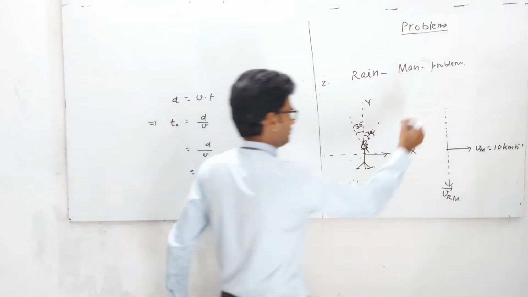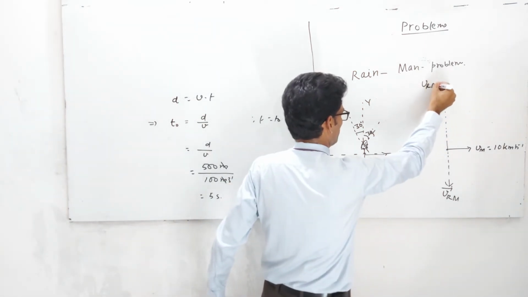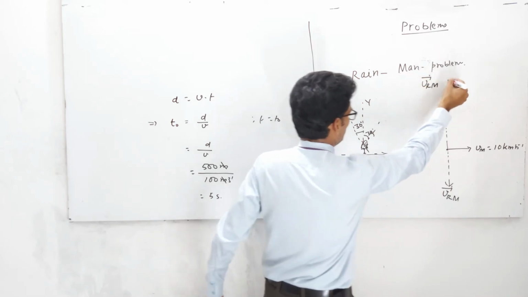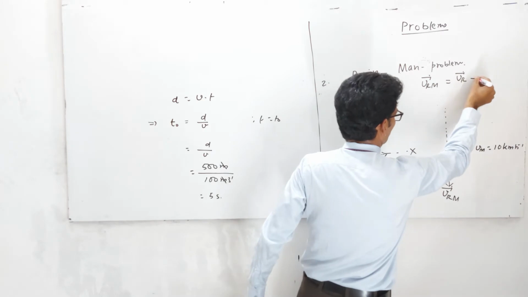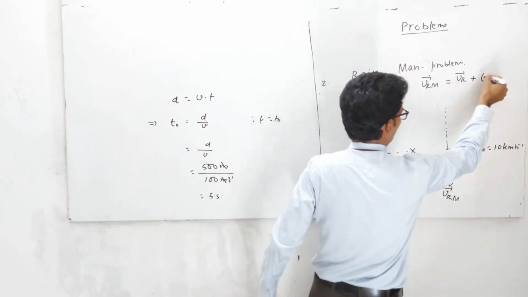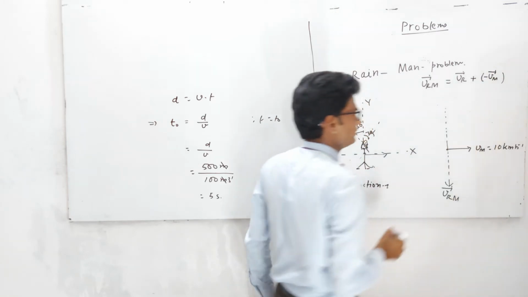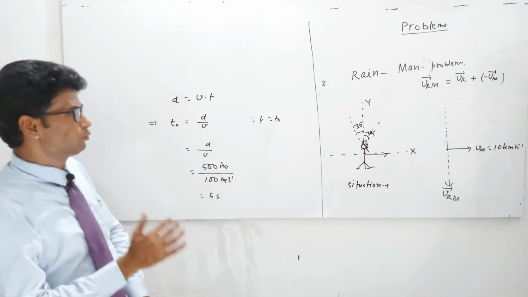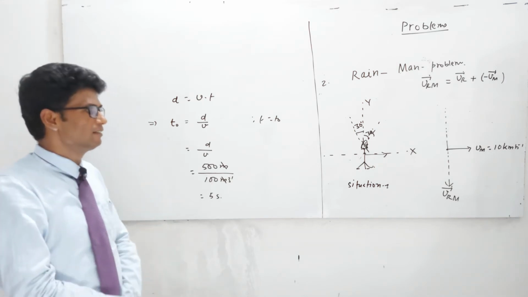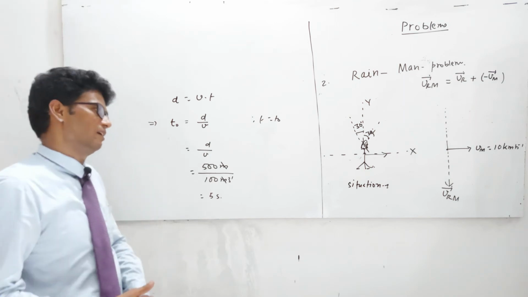We all know the concept of relative velocity. The velocity of rain with respect to man comes out to be the velocity of rain plus or minus the velocity of man. Nullifying the velocity of man, and adding it to the velocity of the rain, gives us the velocity of rain with respect to man.